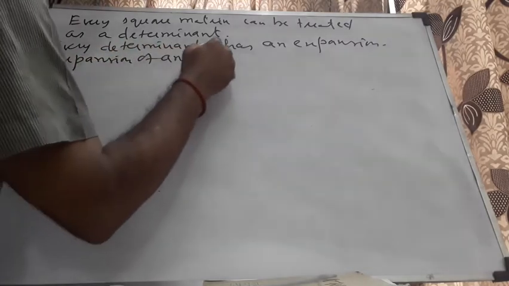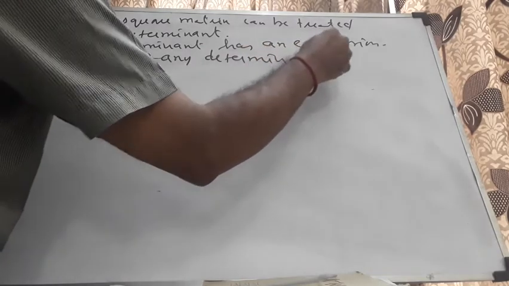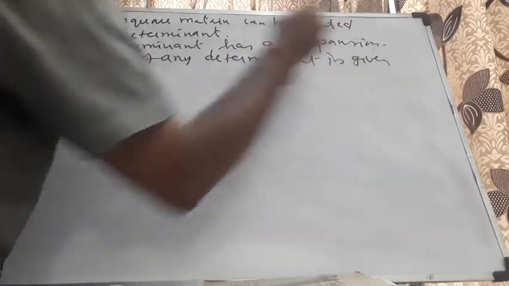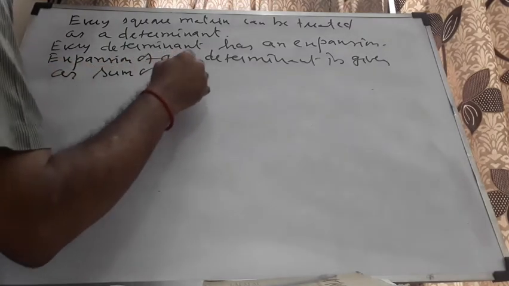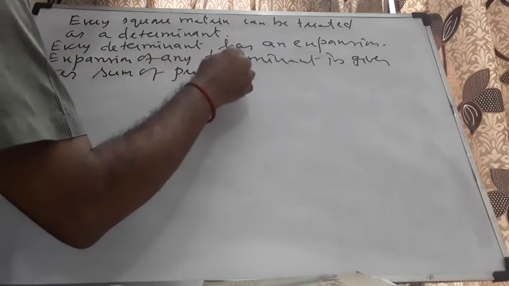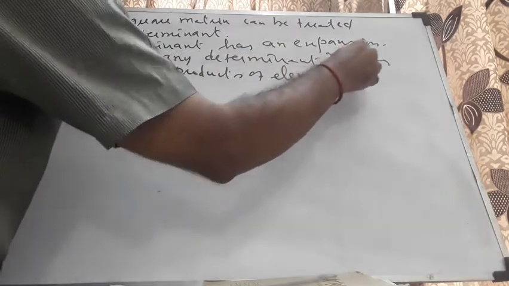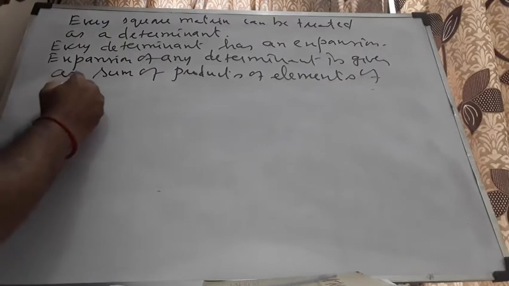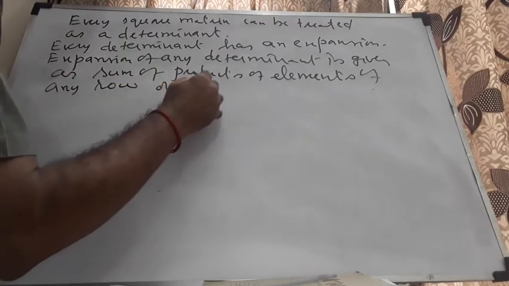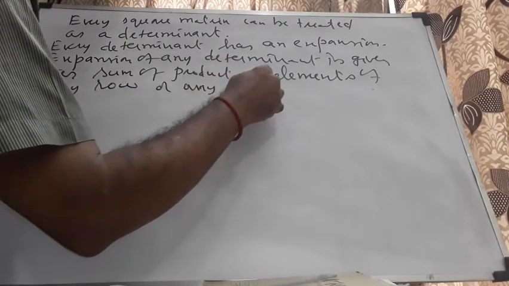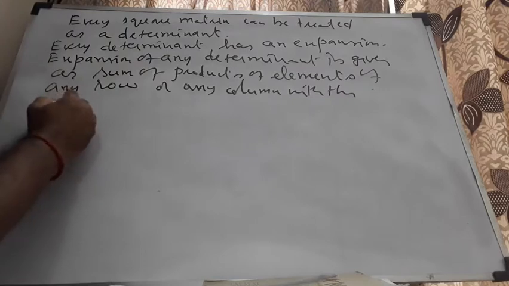The expansion of any determinant is given as the sum of products of elements of any row or any column with the corresponding cofactors.